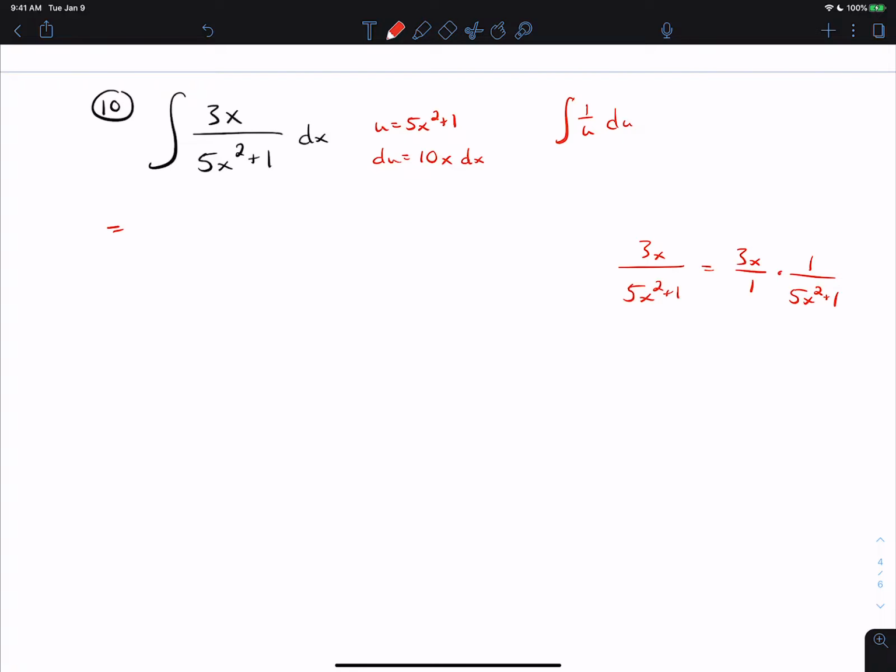Because we're going to try to get this du at the end of the problem, I'm going to pull the 3 out. I'm going to leave 1 on top of the fraction, and I'm going to put the x next to the dx. It's technically like x over 1 and 3 over 1, but those are the same things as 3 and x. And so now all I need is a 10 for the du. So I multiply inside by 10 and outside by 1 over 10.